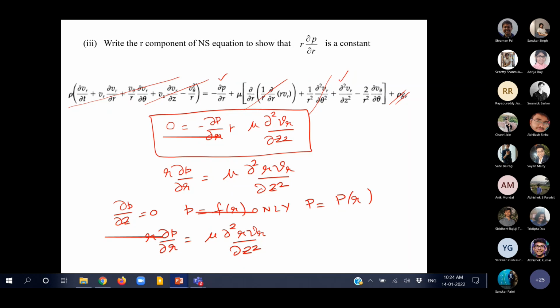Can I say that R del P del R is a constant? I have to show that. Looking at this, can you say that it's a constant? Can I say that mathematically?